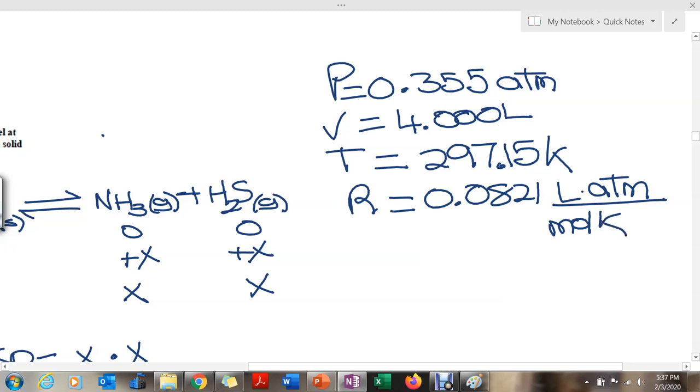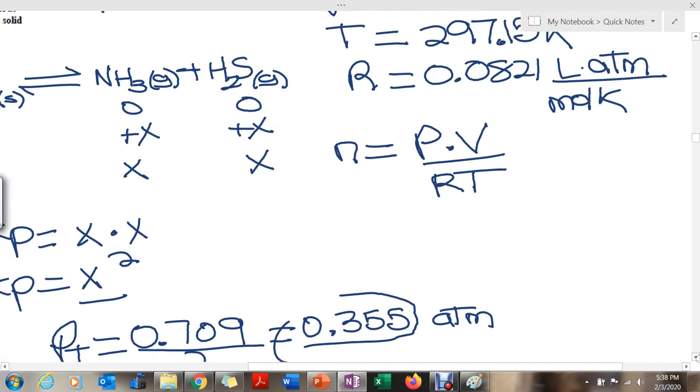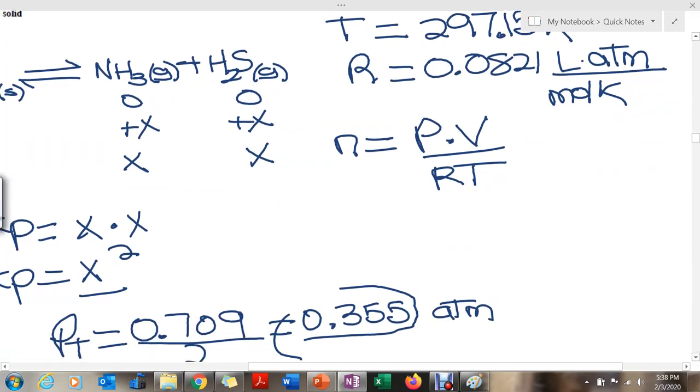So we got pressure. The number of moles, that's what we're gonna find out, is equal to the pressure multiplied by the volume divided by RT. So that way we can find out the moles of each of these gases. Either one is the same amount of moles.